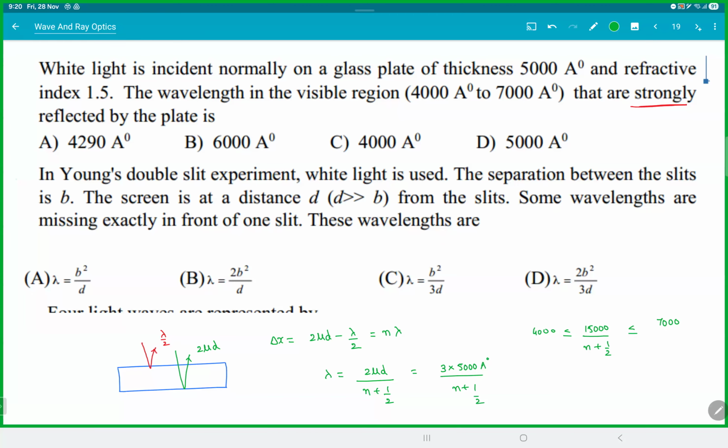If I put n is equal to 0, that will be 30,000, it won't work, and so on. We can make our life easy. That will be 4 less than or equal to 15 by n plus half, less than or equal to 7. So put n is equal to 2. That will be 5 by 2, 6,000.